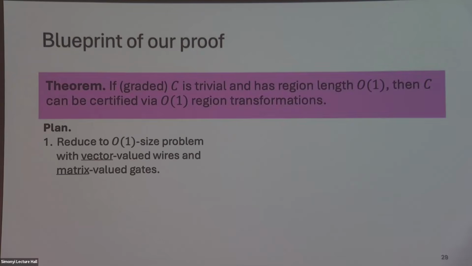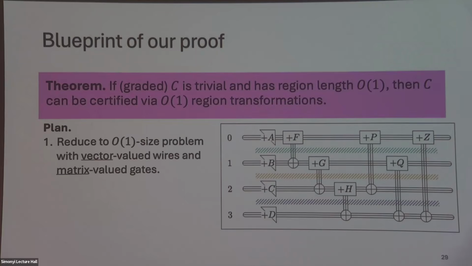But okay, at a very high level, the idea of the proof is just the following. We think of having a circuit that originally had a growing number of wires, n wires. But now we're going to block all the wires together that were in between an adjacent pair of barriers, or above the first barrier or below the bottom barrier. So this makes your original circuit look like a circuit, except now each wire corresponds to a bundle of wires in the original circuit, and all the matrices become block matrices.